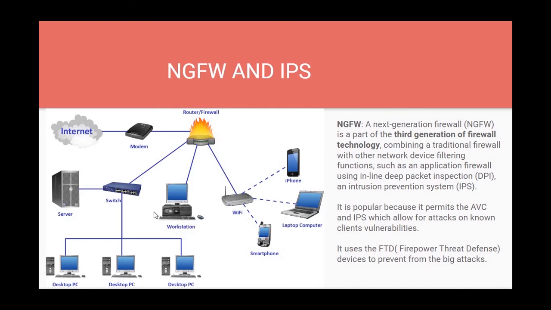That means the firewall and the NGFW design can be pretty complicated. Cisco has an NGFW called Firepower that they acquired from a company called SourceFire. It is popular because it permits application visibility and control, AVC, as well as intrusion prevention system IPS policies, which help to look at attacks on known client vulnerabilities.